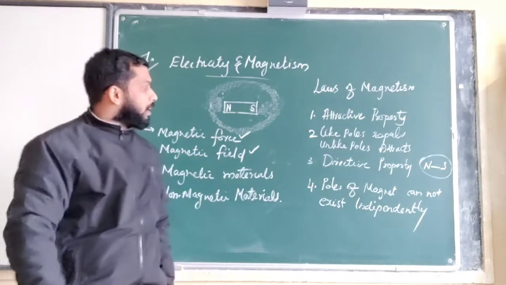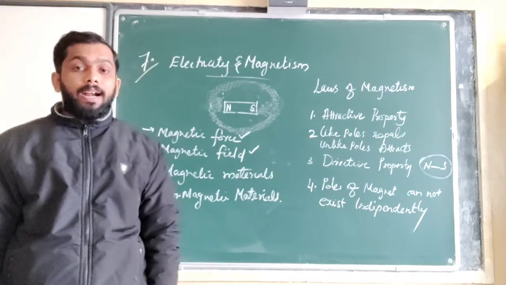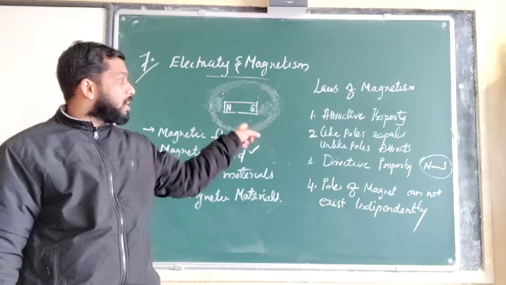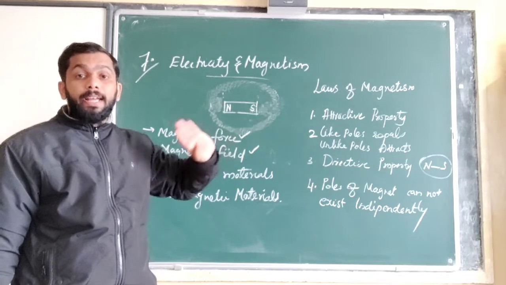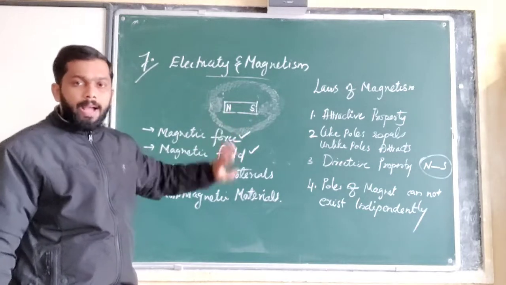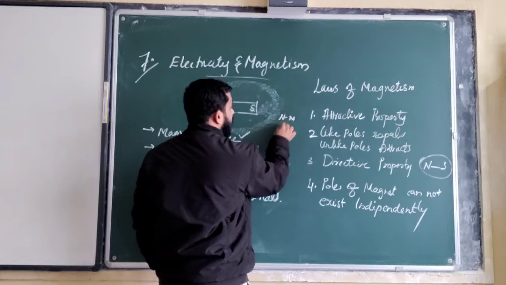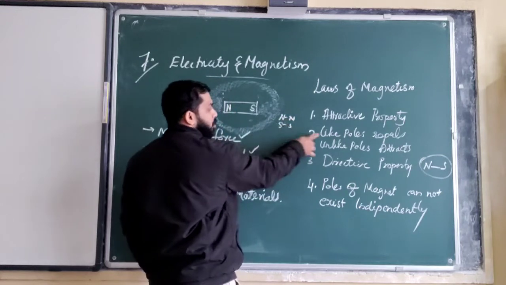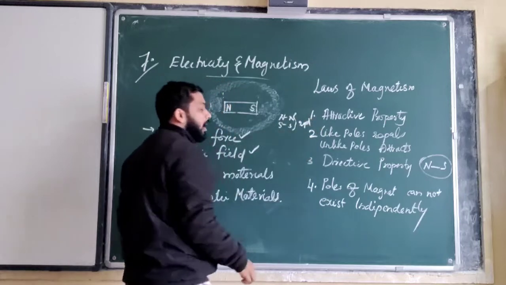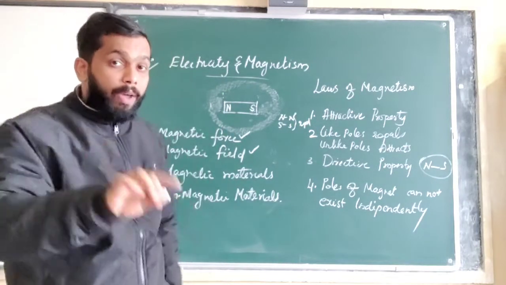Now, next one. Like poles repel and unlike poles attract. Or you can say that opposite poles attract and the same poles repel. As I said, there are 2 poles only for the magnet. So when I bring north and north, or south and south, they are the like poles, and they will repel each other.